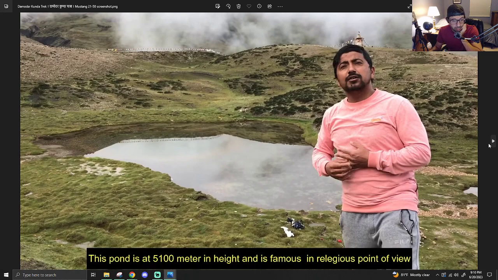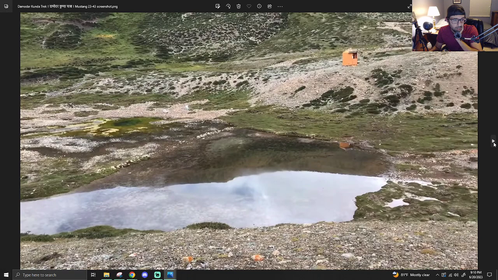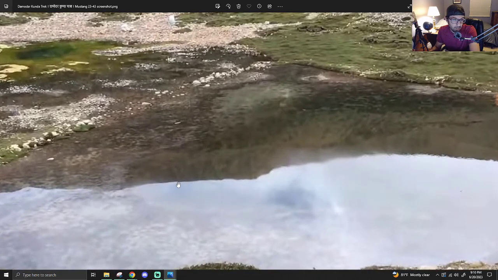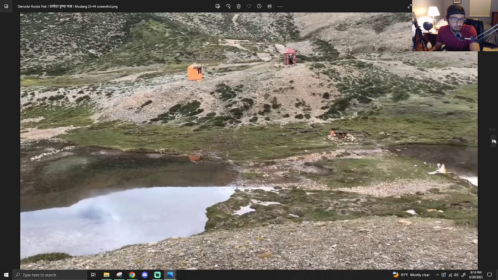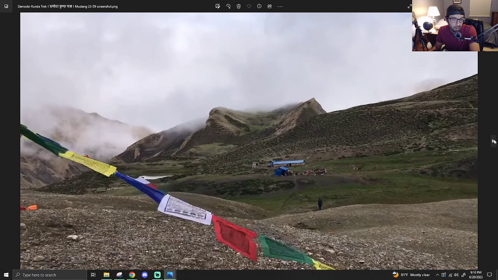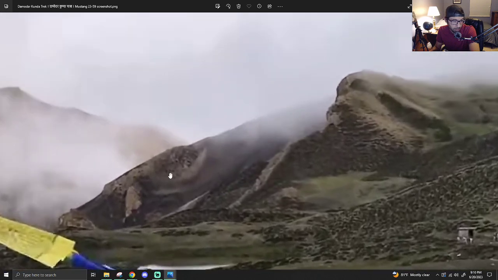5,100 meters in height, famous from a religious point of view and geological. Oh my god. In every way, I guess. Wow. So cool. Ramp. I think we can kind of see the circle there. It might be clouds.